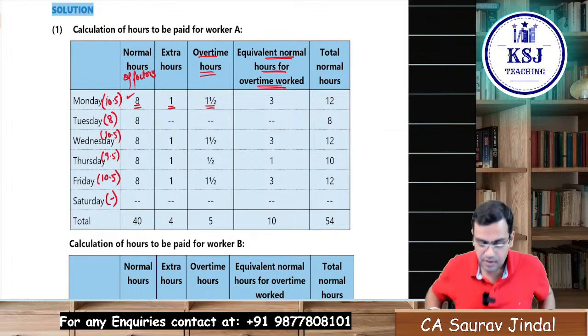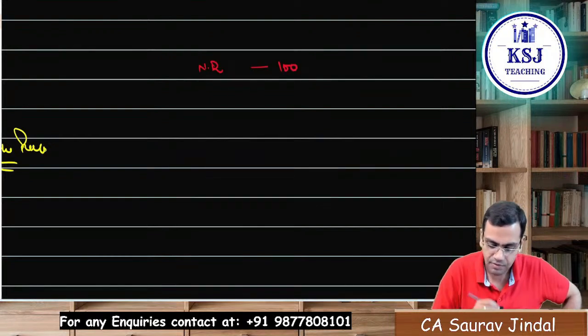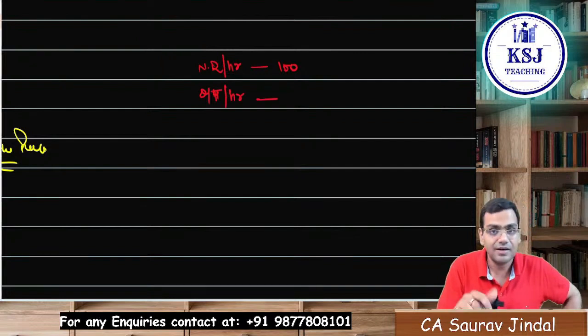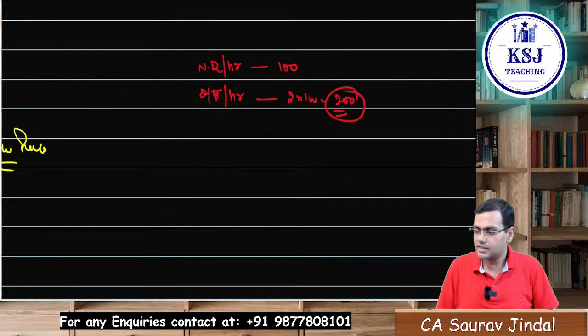Let's say you are earning a normal wage rate of 100 rupees. What is the overtime rate per hour? That is double, 2 into 100, 200 rupees per hour.